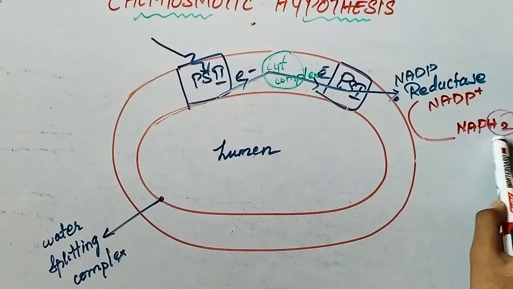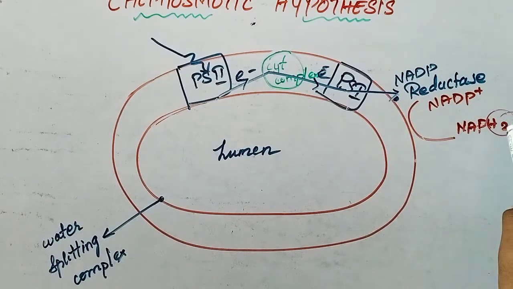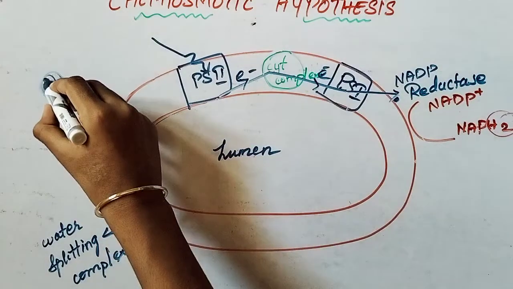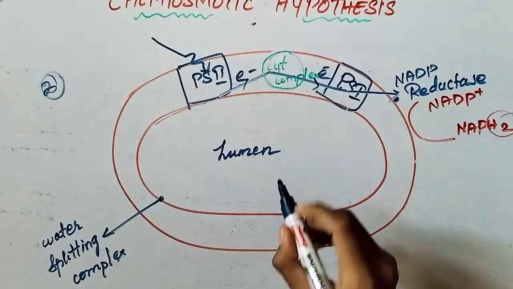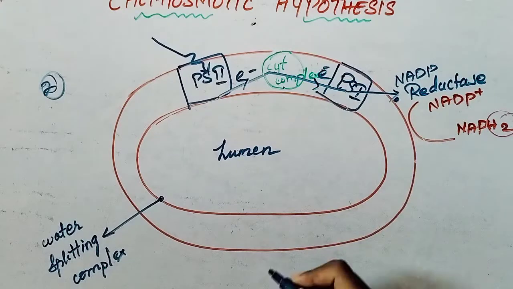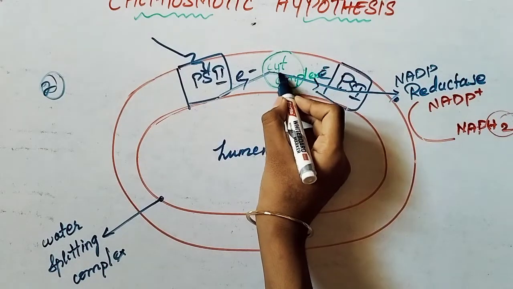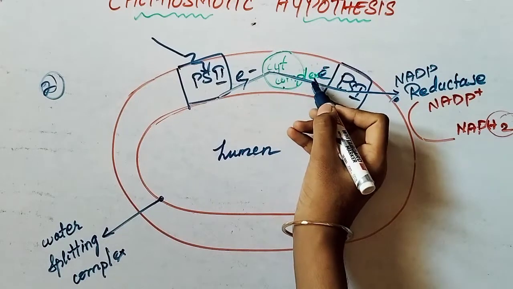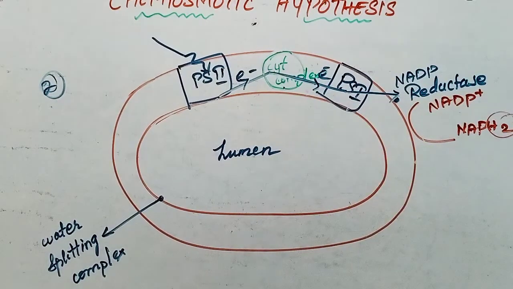This hydrogen is gained here, reduced, no. Where does this hydrogen come from? Okay, two processes we are going to see now. What are those two processes? See here, this cytochrome complex, when carrying this electron, carries a pair of protons.